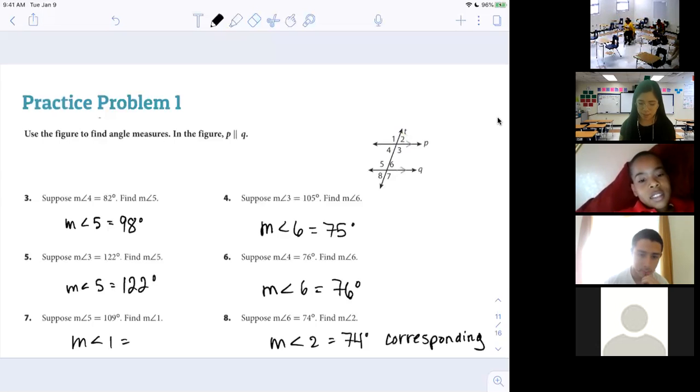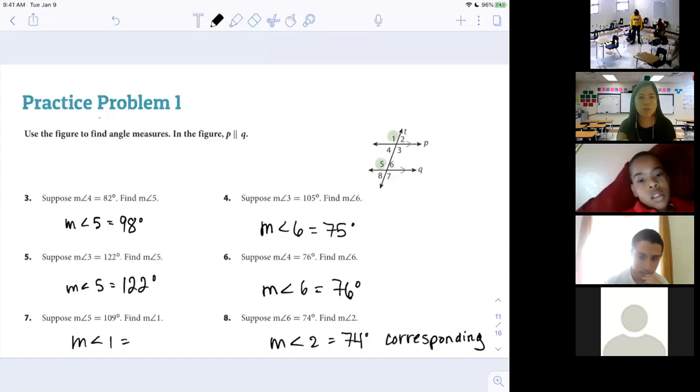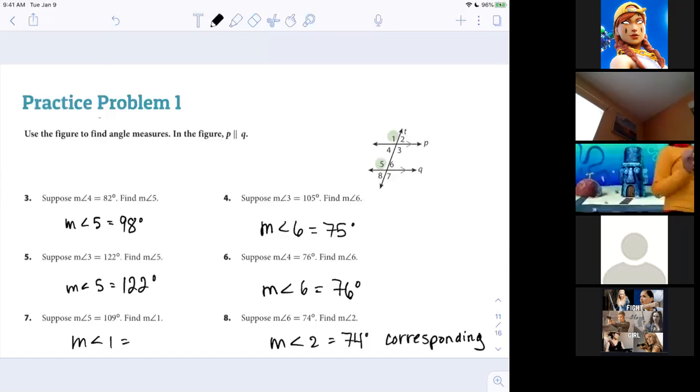And then finally, I'm looking at angle 5 and angle 1. Let's have Samaj. I haven't heard from you yet. What's angle 1 going to be? Oh, Samaj seems to have left somehow. Okay, I'll figure out what's going on. So, Emily, I haven't heard from you.